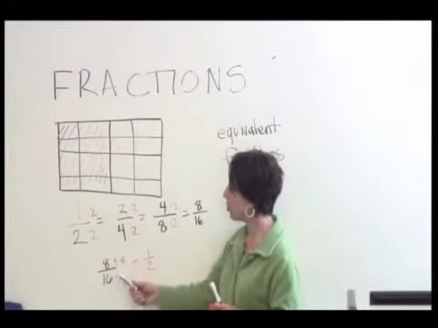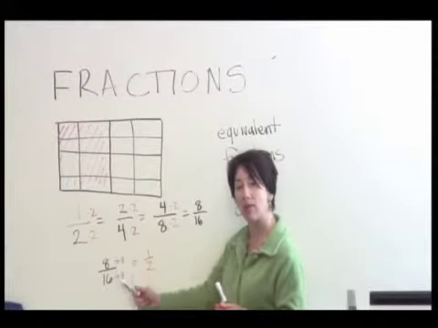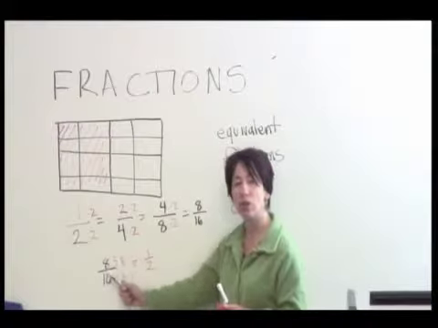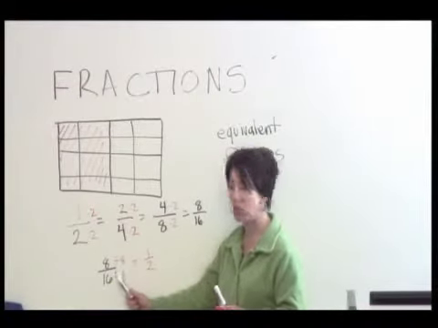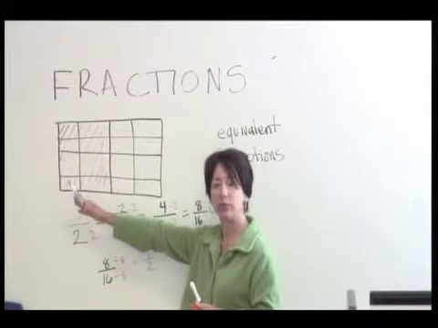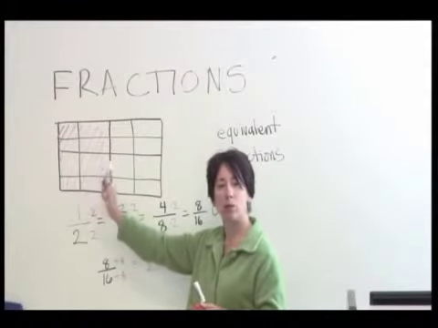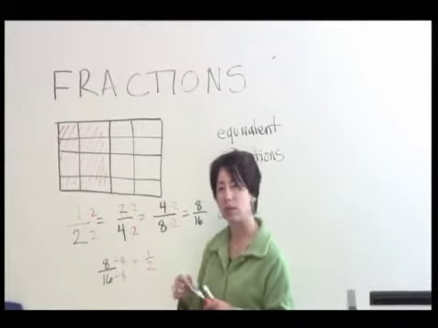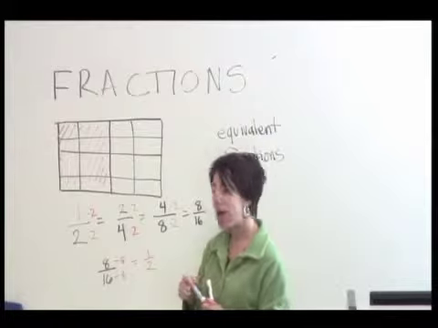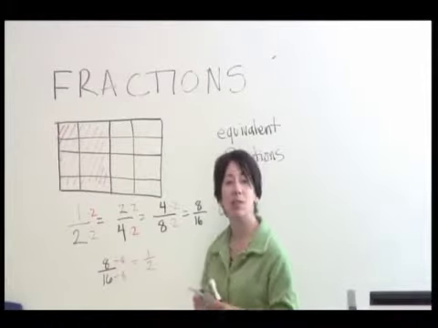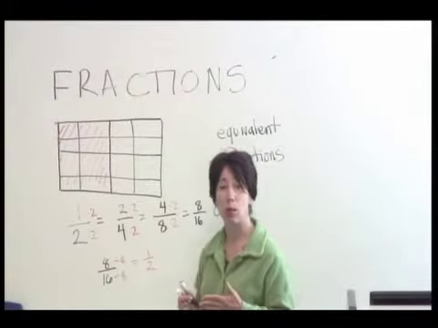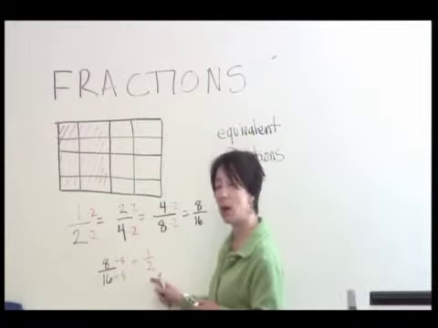And if I divide the numerator and the denominator by the same value, I don't change the value of the fraction. It's still a half. Whether it's 2/4 or 4/8 or 8/16, it's still a half. And we'll see later that there are different reasons for wanting to express a fraction with different denominators.